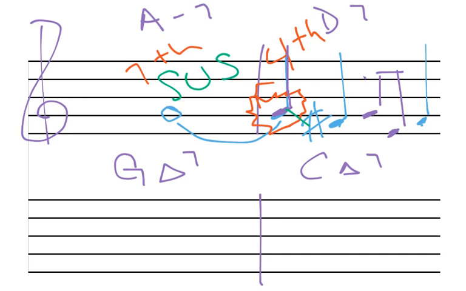Now, what can I do here from this F sharp? Maybe I will hold it through. Technically this is a chord tone, right? It's what we would call a chord tone because it's moving to the guide tone, but it's acting like a non-chord tone.